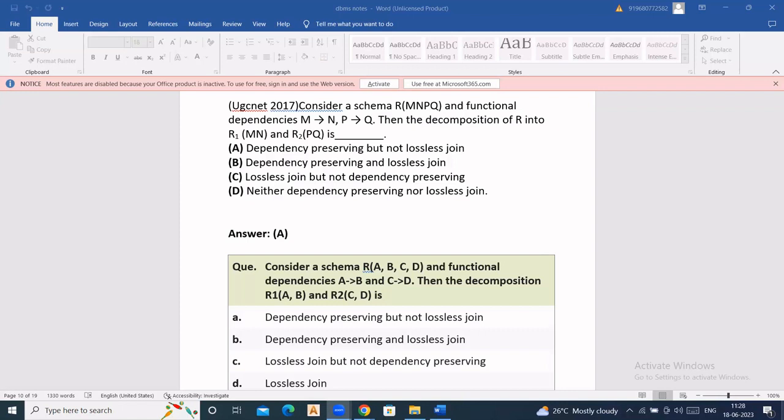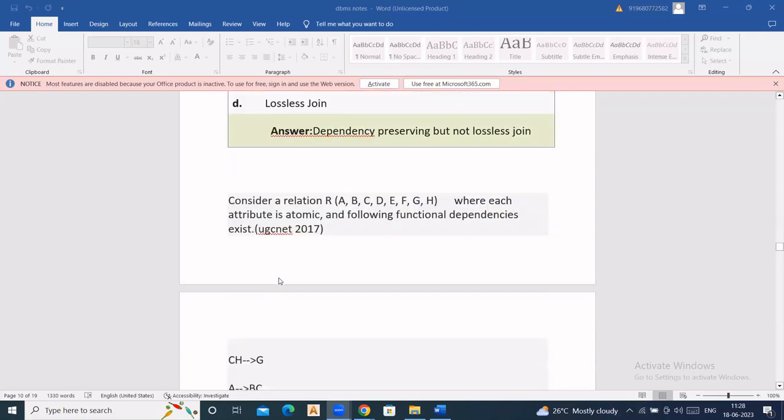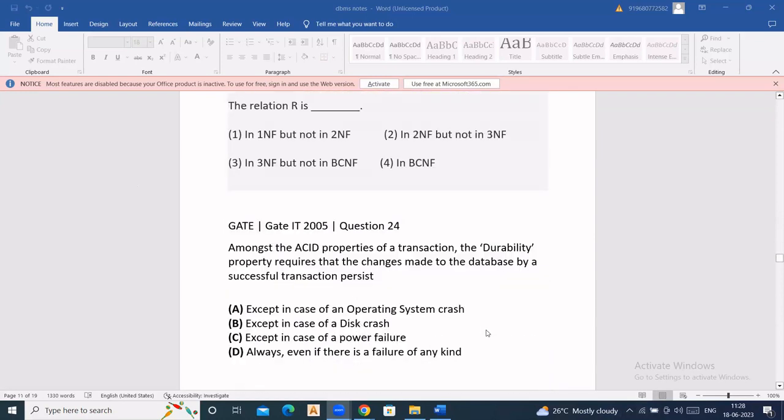Dependency preserved and not lossless. Dependency present, but because there is no form. Okay. So the correct answer over here is also option A. Okay. So this much for dependency and all. More questions you'll find on Google, so that you can take and solve.